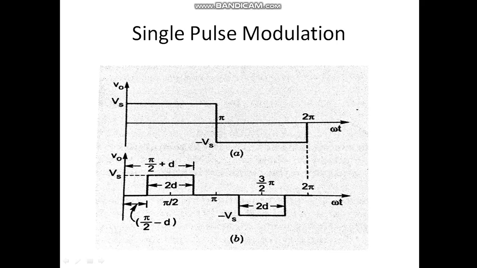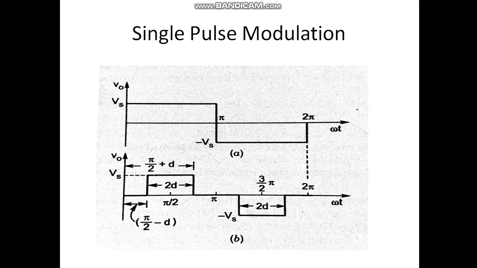Now these two waveforms are exactly identical and opposite, so the even components will be 0, and we will get the output voltage V0 as 4 Vs upon pi, in bracket sin d sin omega t minus 1/3 sin 3d sin 3 omega t plus 1/5 sin 5d sin 5 omega t minus 1/7 sin 7d sin 7 omega t, and likewise it will run. This is the Fourier series analysis which I have not shown on a slide. You can see it in your book by PS Bimbhra.